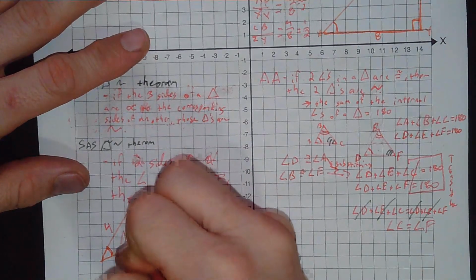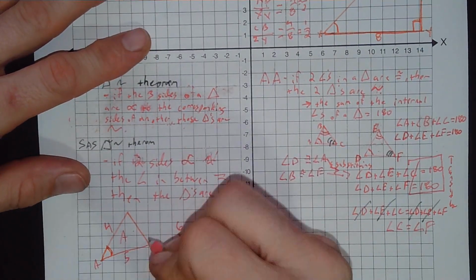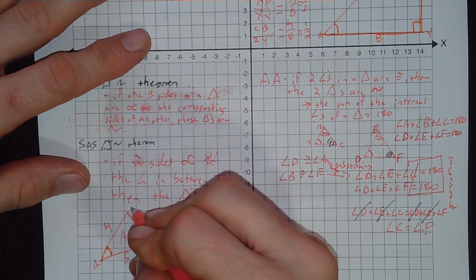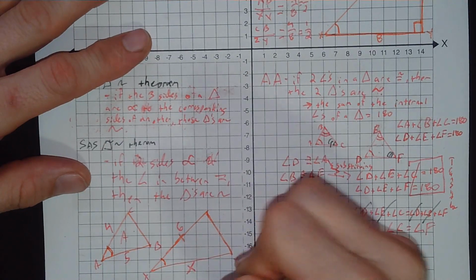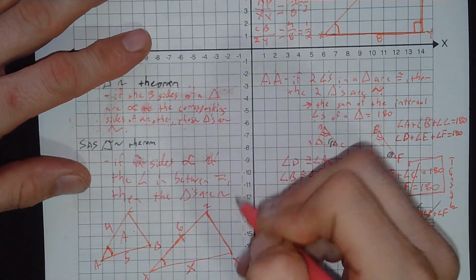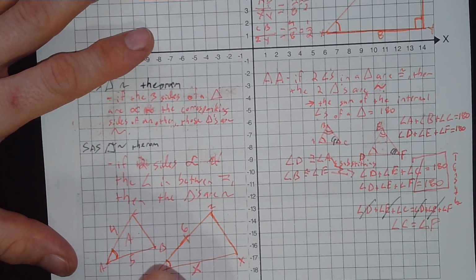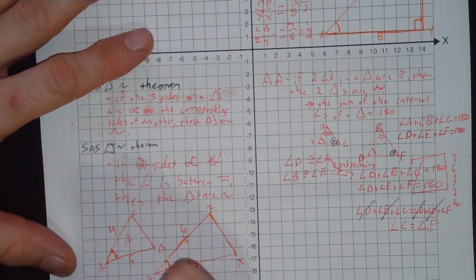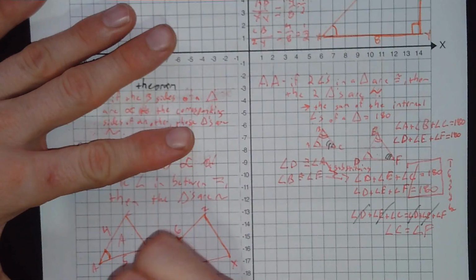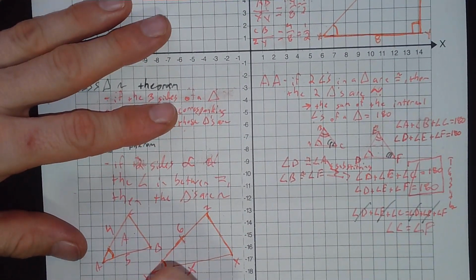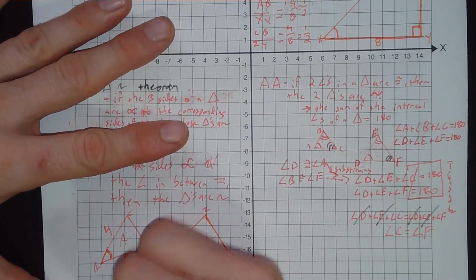So we'll call this triangle A, B, C, and the other X, Y, and Z. All right, so A to B, A to C over X to Z equals 4/6.